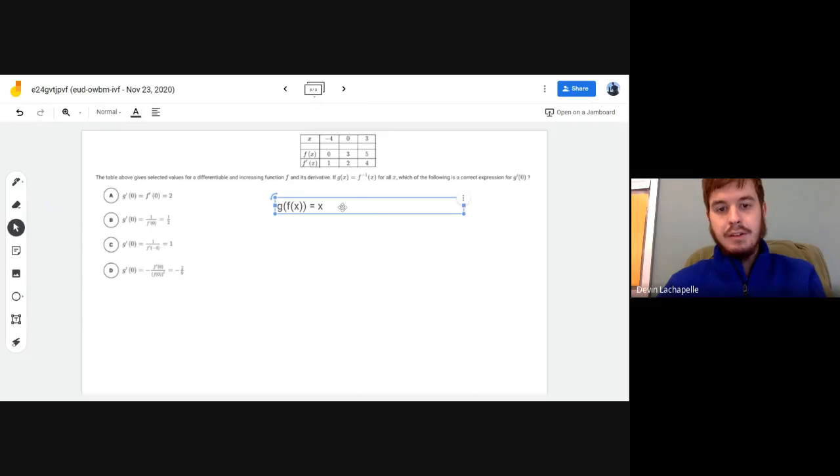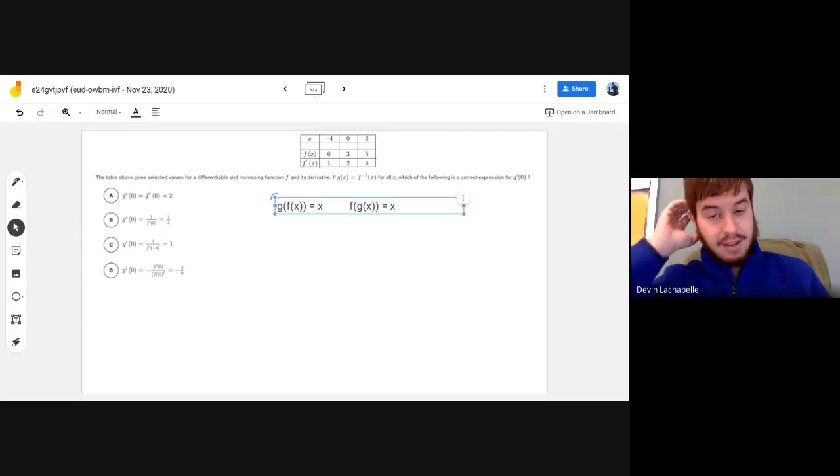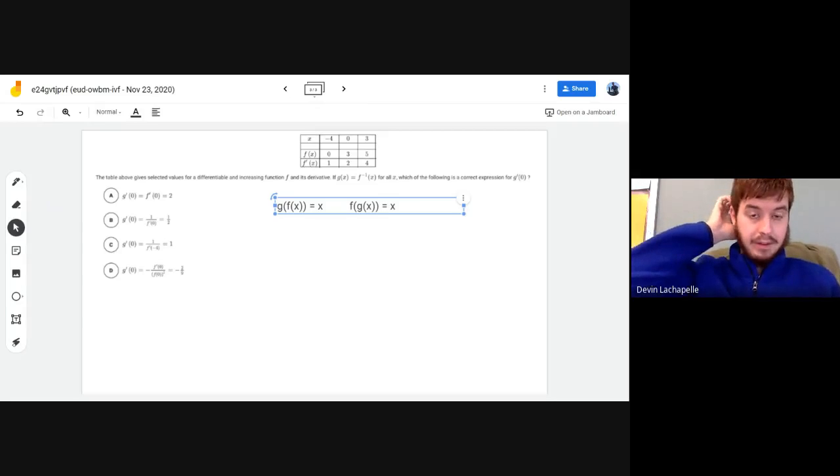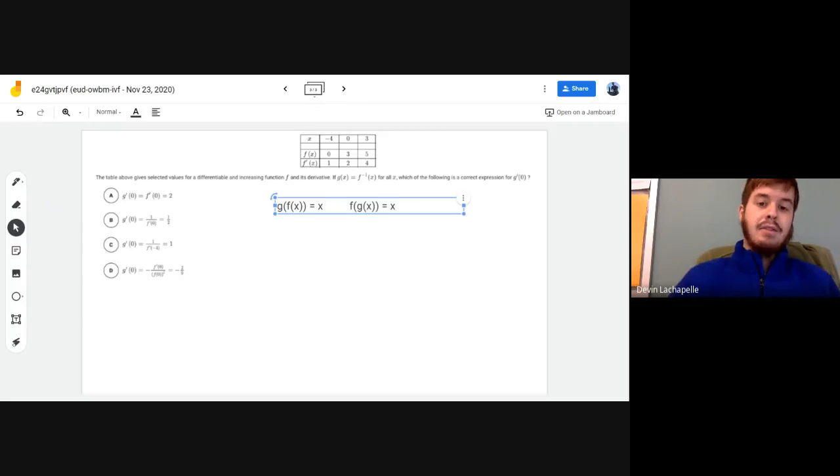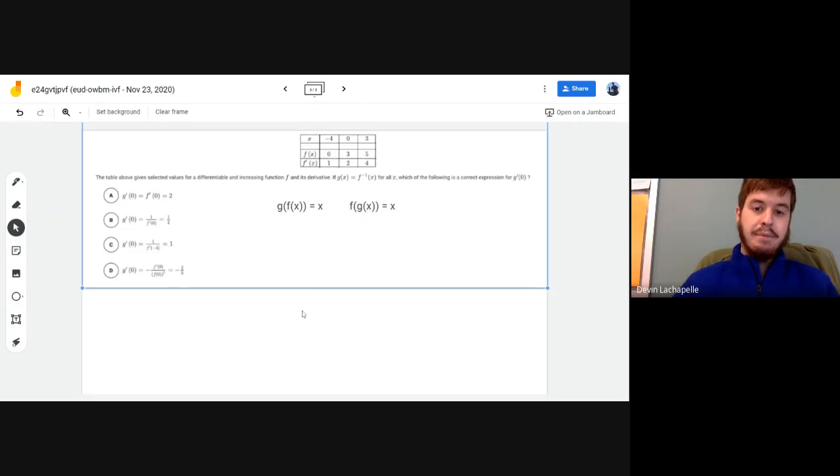Similarly, if I have f of g of x, again, f and g are inverses, I will also get just x as an output. So while we don't have g prime of x, we can use one of these two and the chain rule and figure it out.